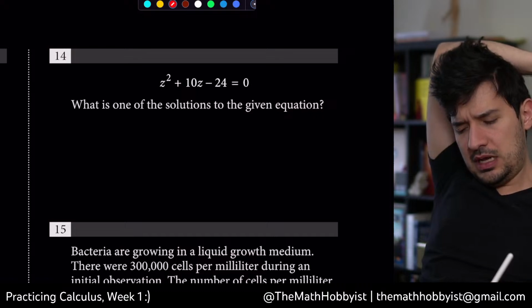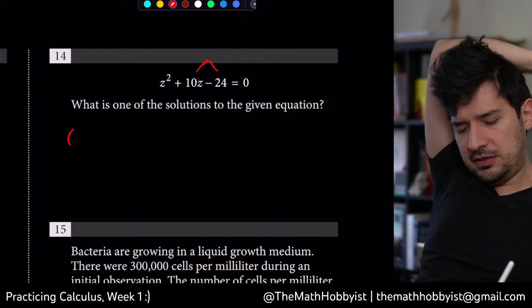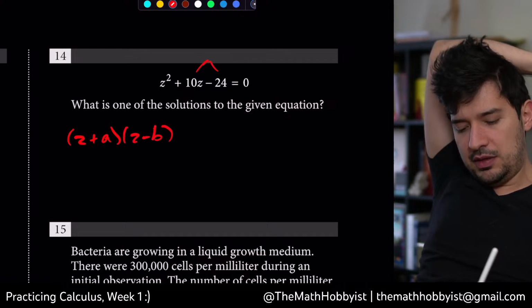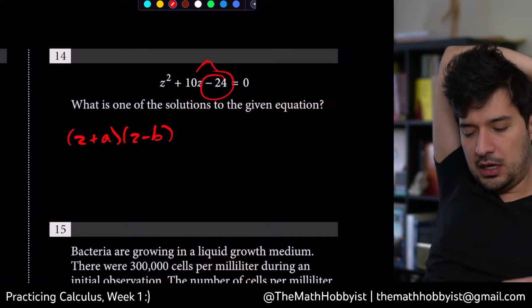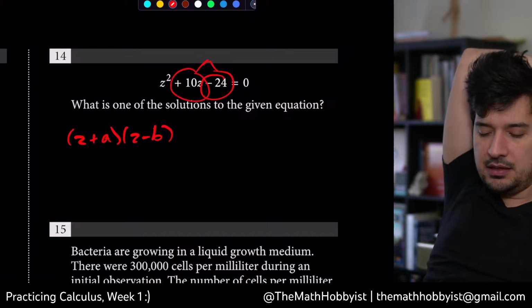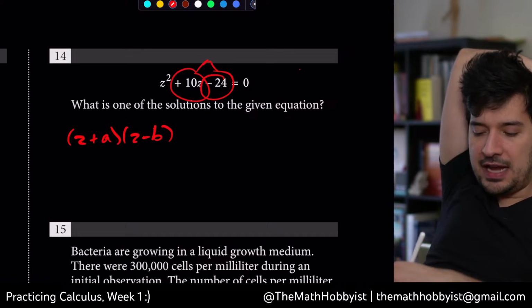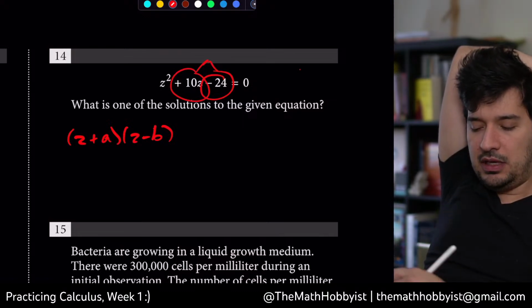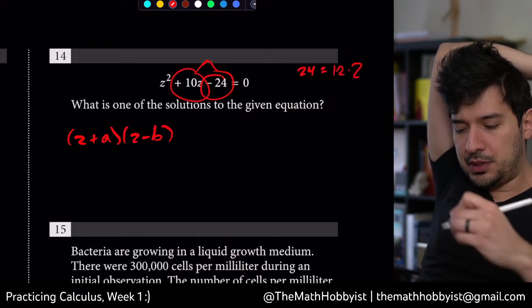Okay, so how does this factor? We want to factor this as z plus a and z minus b. I know that it's going to be plus and minus because this term is negative 24. And I want two terms that add or subtract to 10. You could factor 24, but 24 equals 12 times 2 is pretty promising.